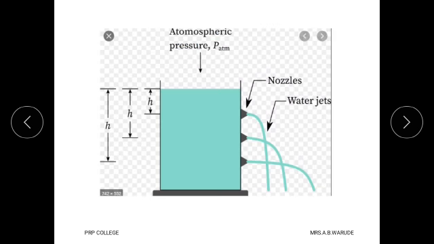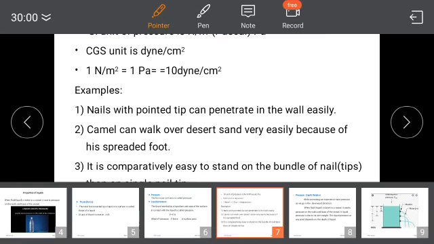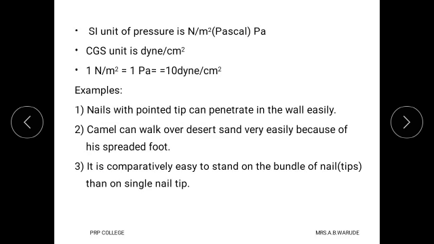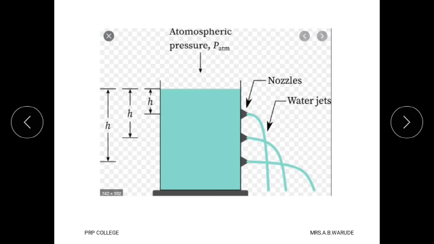See here in this diagram, these are three nozzles, that means holes are created at some equal distance, and when these nozzles are open, it is observed that the water coming from this first nozzle is nearer to the wall of the container.